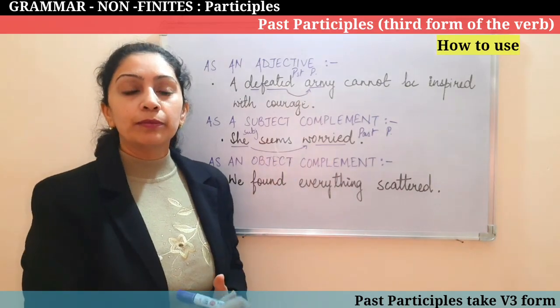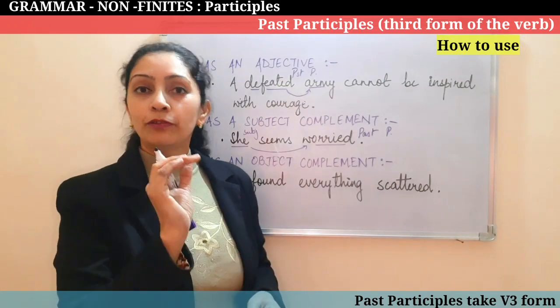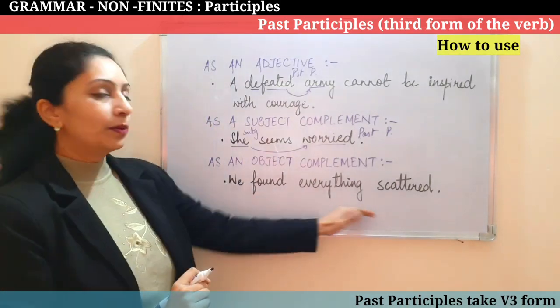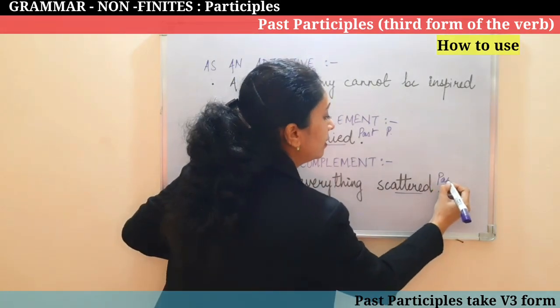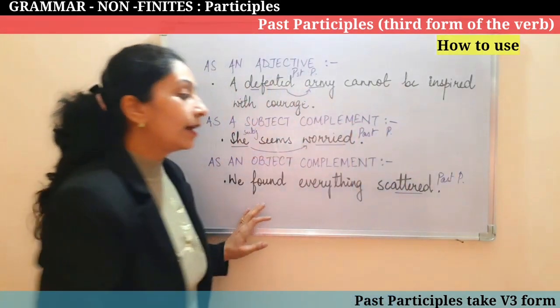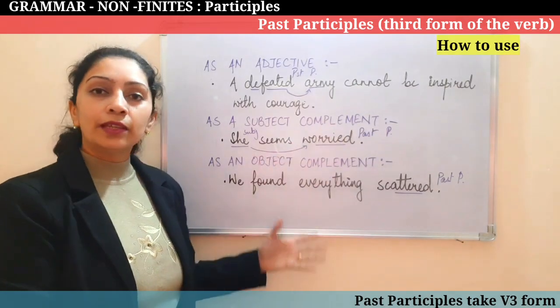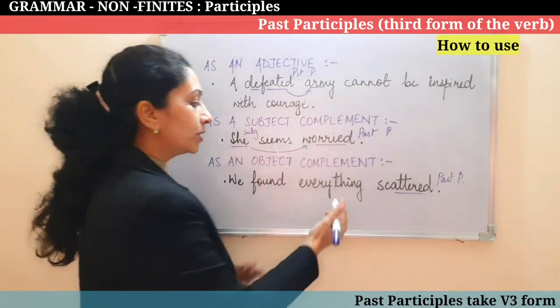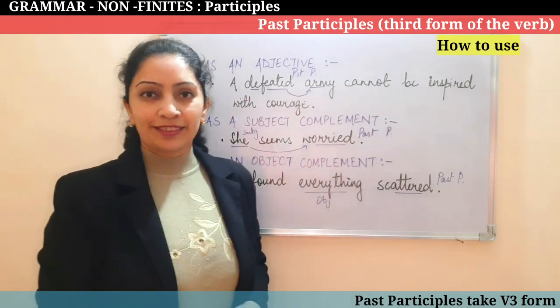So as an object complement means you have an object, and to that object there is a complement in the form of past participle. Let's see, what is the past participle here? Scattered. Scattered is the past participle, and this past participle is acting like a complement to the object. And what is the object here? Everything is the object.